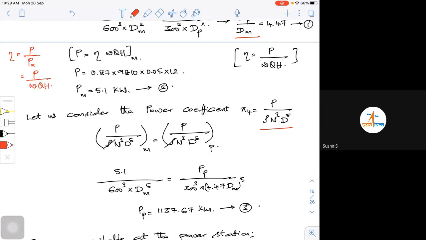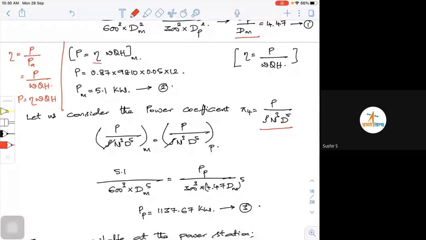Fine. So therefore, P is equal to your efficiency times omega QH. That's how this formula came. I'm taking the efficiency, which is the shaft power to available power. This is my overall efficiency, and they are given as 0.87.